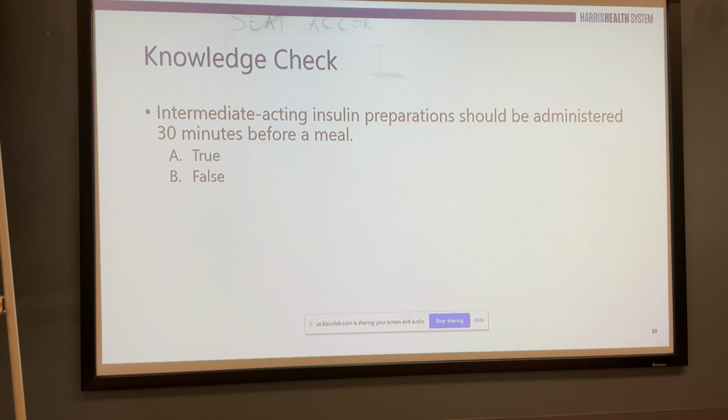Alright? Pure Boss, intermediate acting insulin preparation should be administered 30 minutes before a meal. So that's not on the cheat sheet, that's something we talked about on one of our starred slides. Yeah, that is true. So an example of our intermediate acting insulin would be like our NPH, okay?